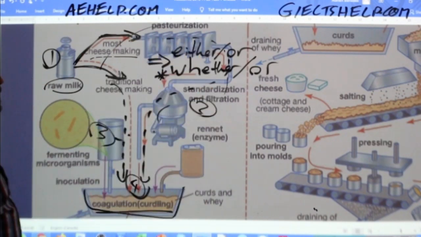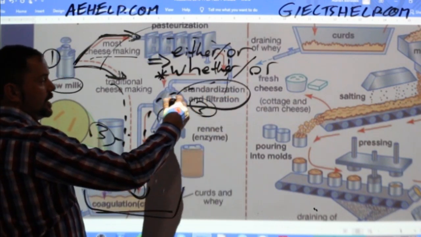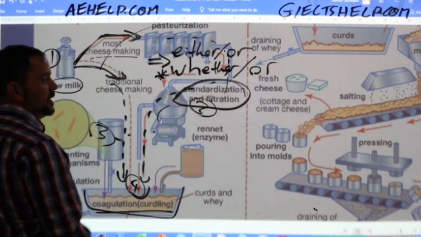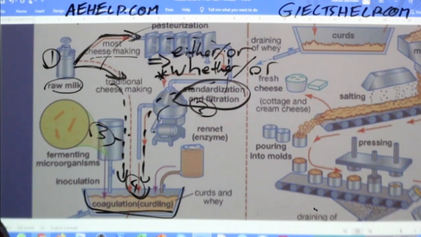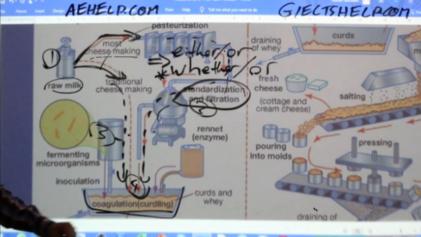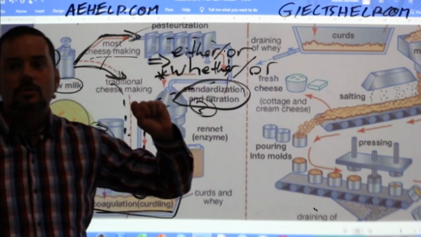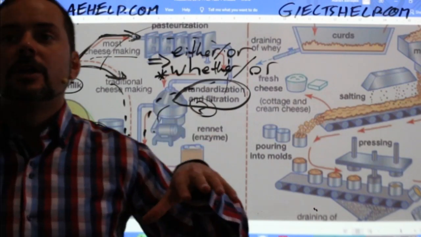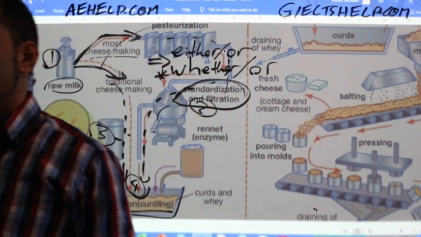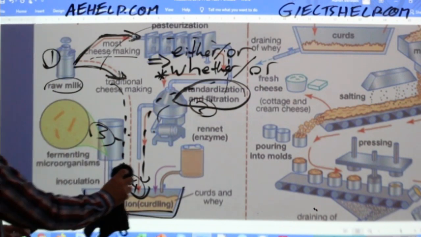process, all right? You can go into more details, write more sentences if you have quick writing skills and explain the standardization and filtration, the Rennet enzyme that's added in for coagulation, but careful not to get lost in too many details or you will run out of time. Okay, so careful with that. All right, so write the first sentence, students. I'm going to do the same.